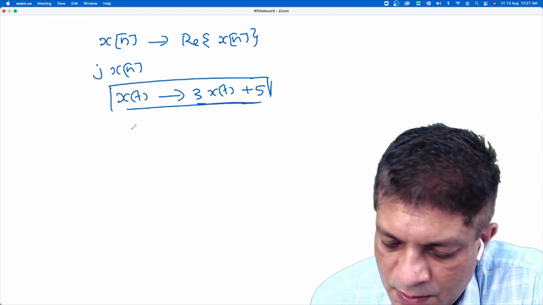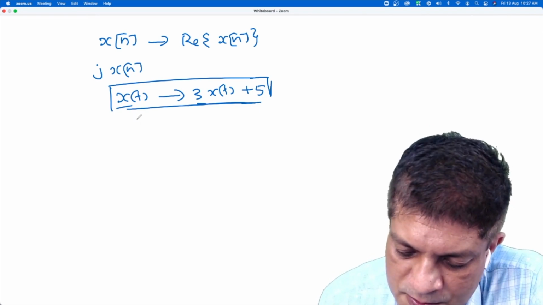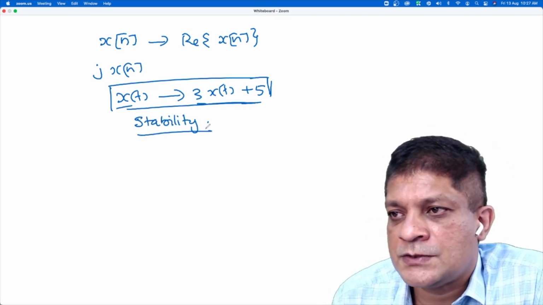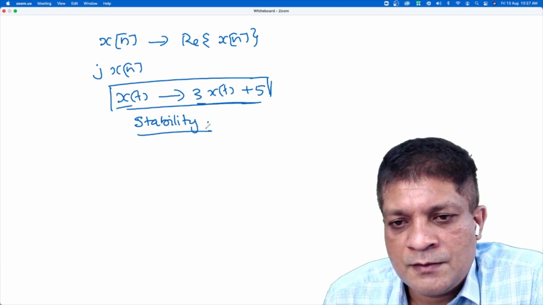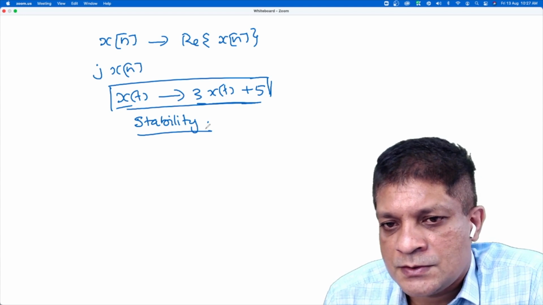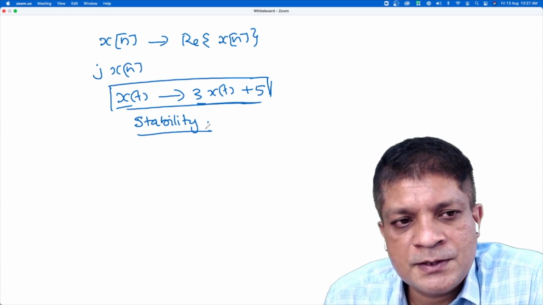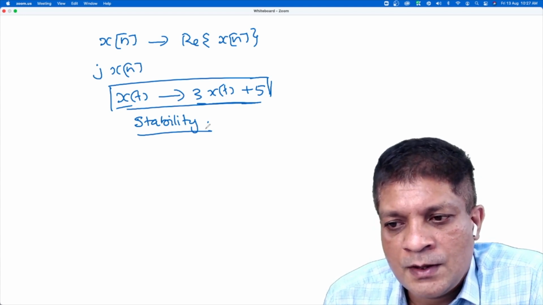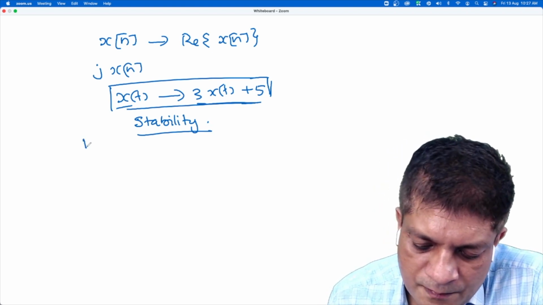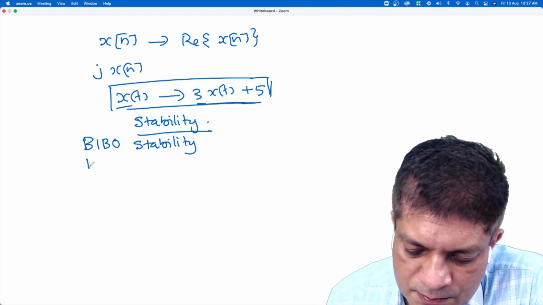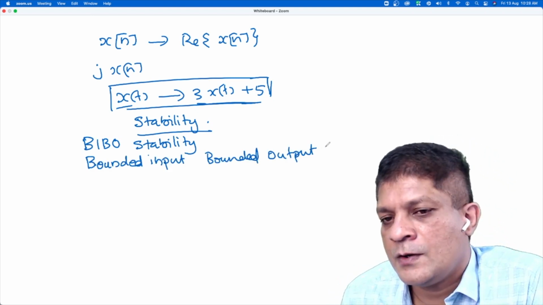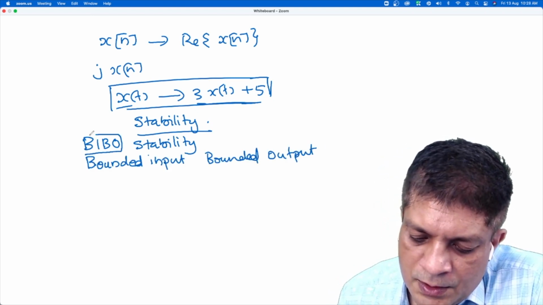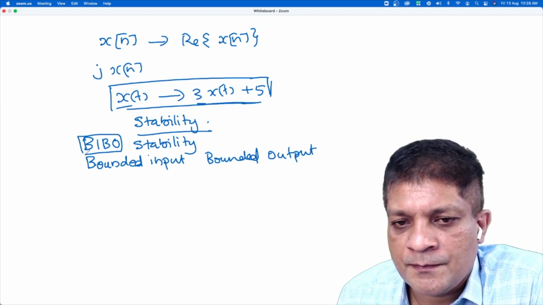So now let us discuss the next property, that is the stability of a system. There are different definitions of stability. In this course, we will be discussing one type of stability, called bounded input, bounded output stability.